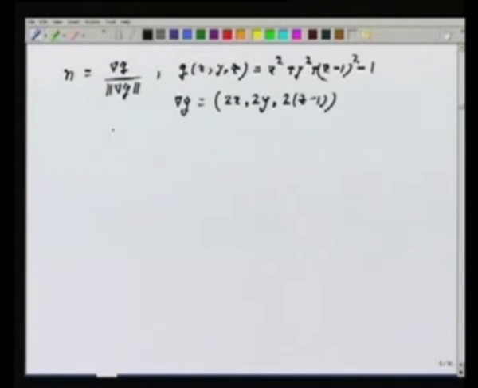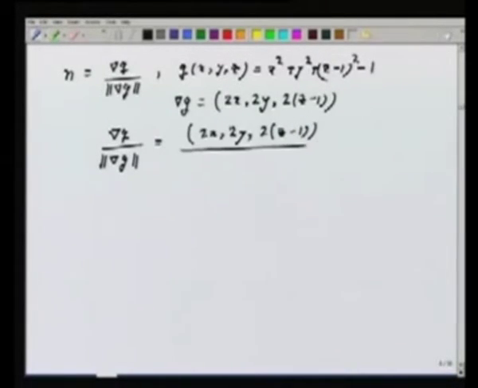Then what is grad g by norm grad g? That would be (2x, 2y, 2(z minus 1)) divided by the norm of this vector, that is square root of 4x square plus 4y square plus 4(z minus 1) whole square.